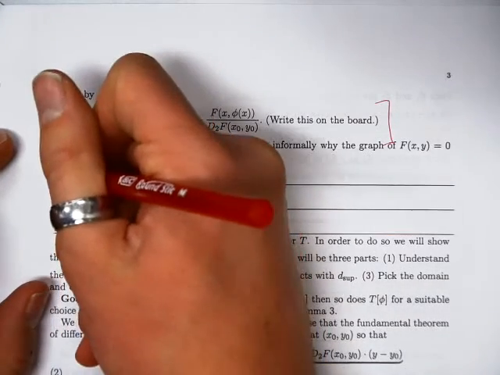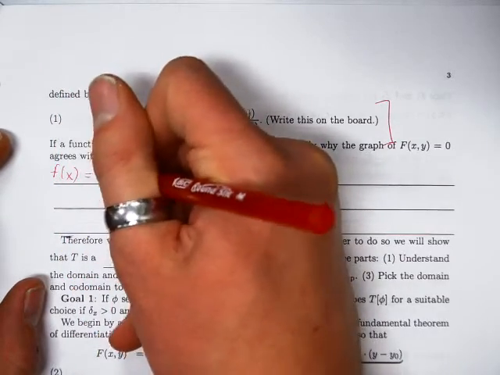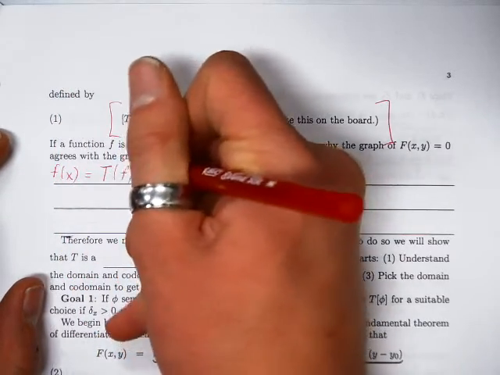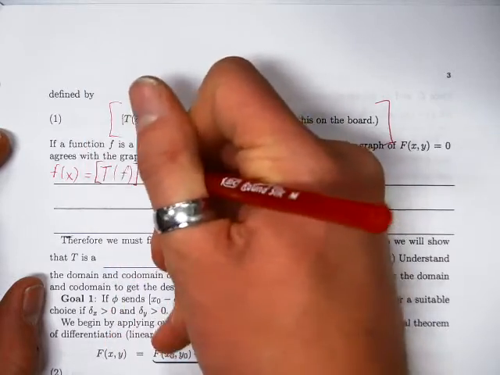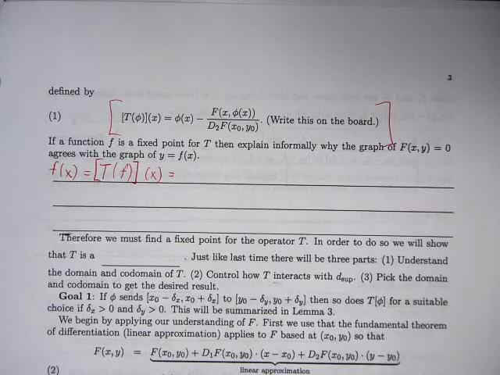So let's suppose you have some function for which f of x is equal to T of f of x. Let's suppose we have a fixed point. Well, I have a definition for T of f.